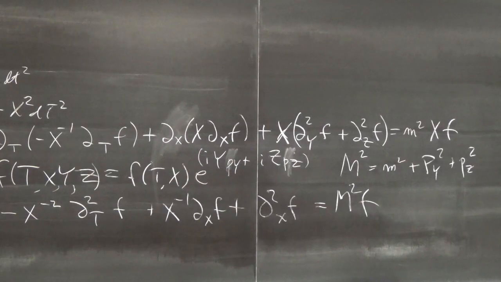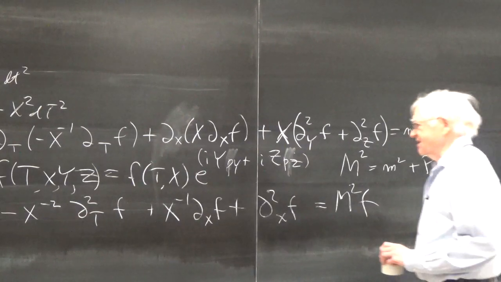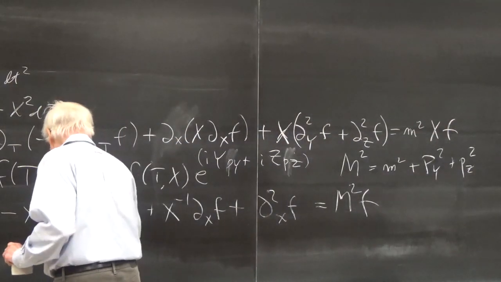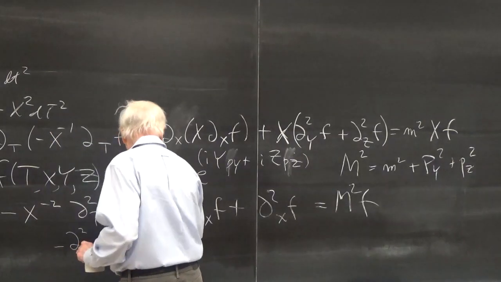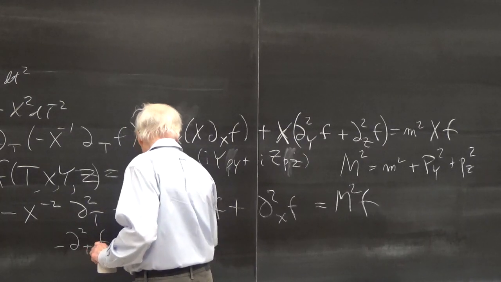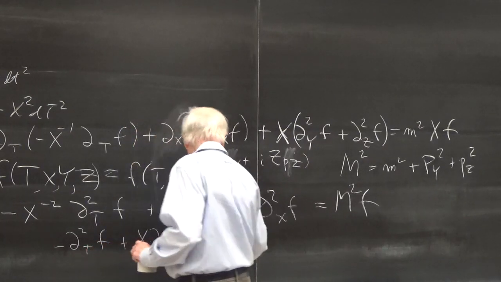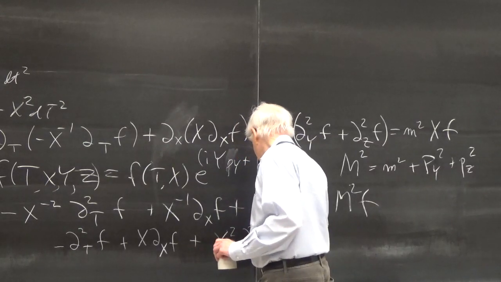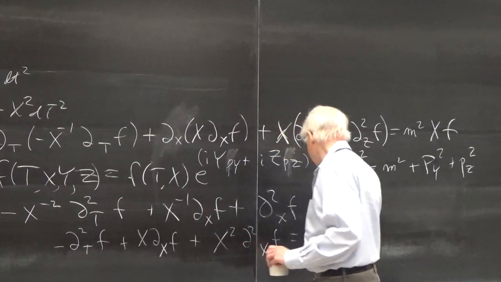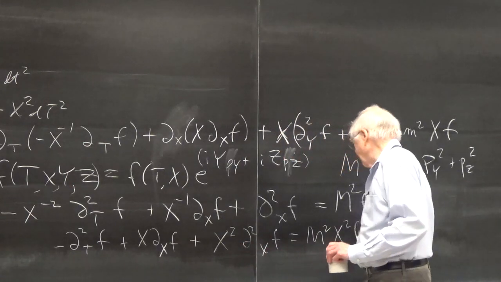Multiply everything by x squared. Can you separate out the t variable or no? You want to multiply everything by x squared, and then you can separate out t. Then we get minus d2 with t derivative plus x d_x f, but then we have x squared d2x f equals m squared x squared f.